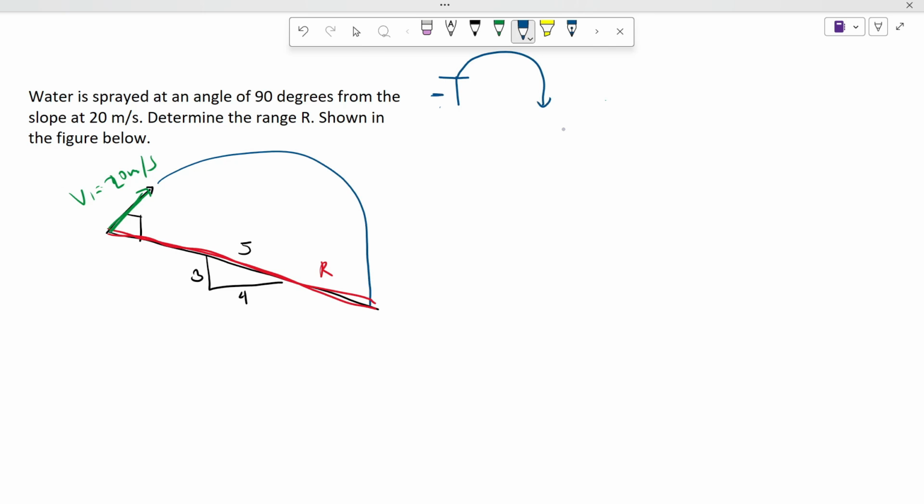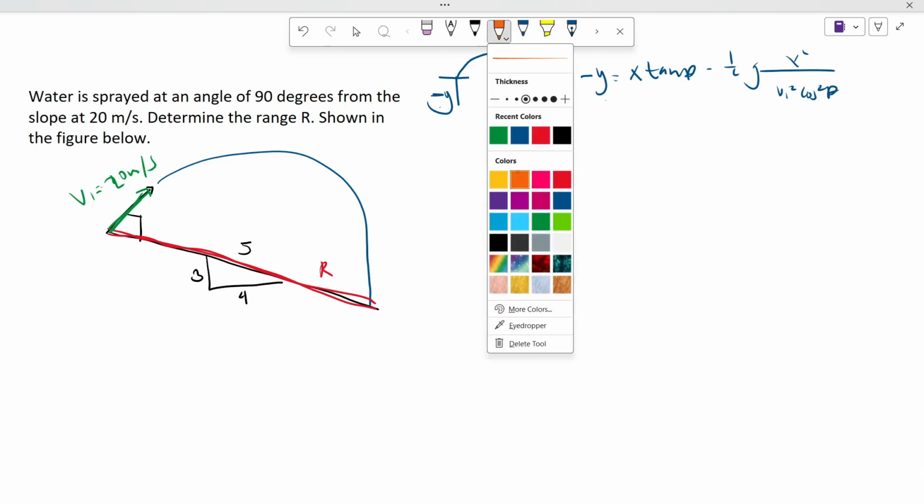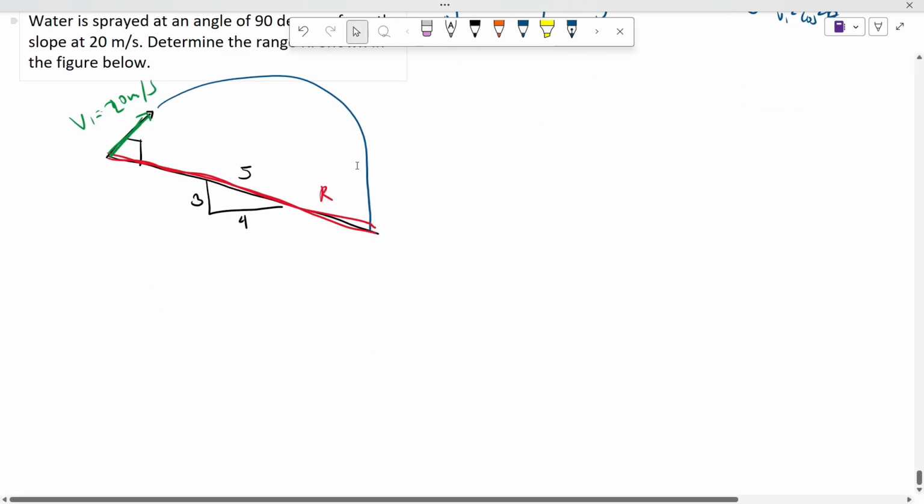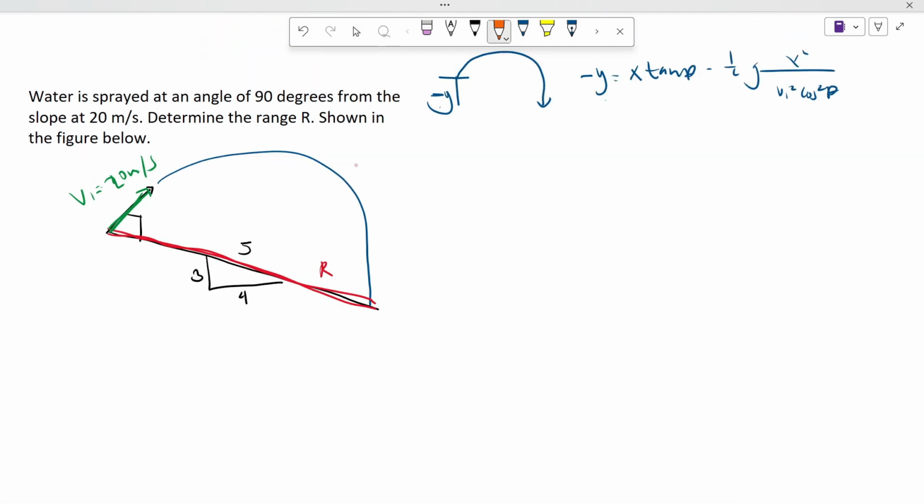So this will be a negative, di ba? Gagamitin natin yung formula na negative y. Since positive, negative, pero yung gagamitin natin negative. VA squared and cosine squared theta. Gets? So game, solve na natin. As you can see, guys, this angle is also equal to this angle, di ba guys?